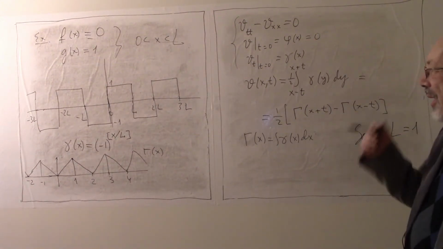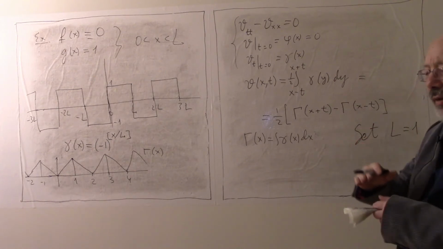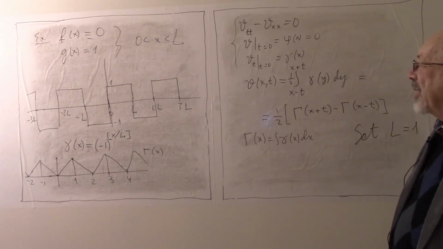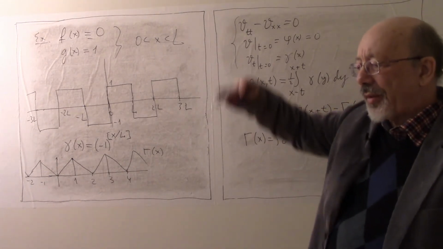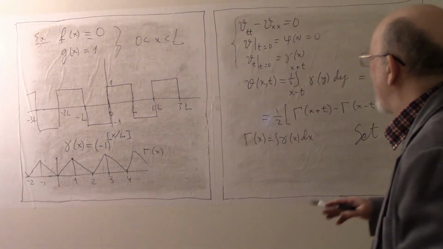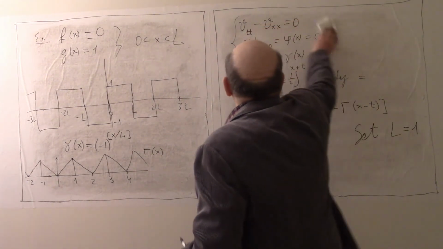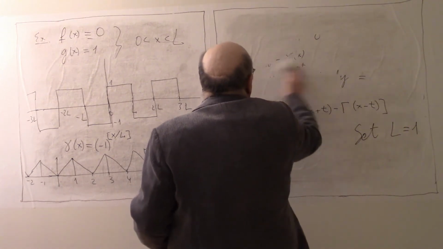It is enough to find this function u(x,t) for t from 0 to 2, because after that it repeats periodically.